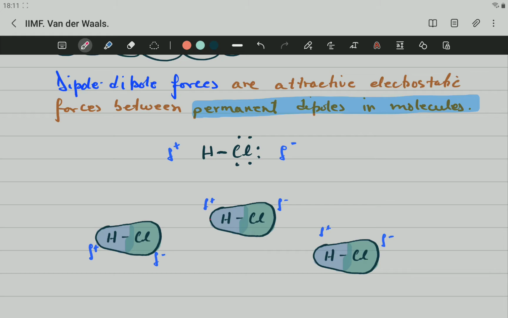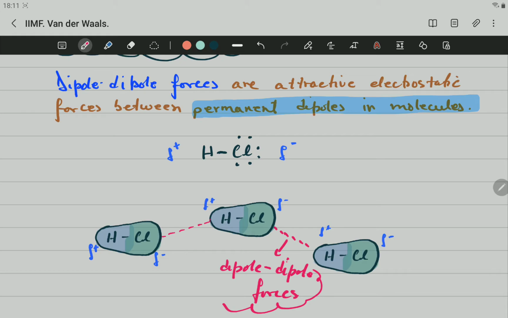Now, there are three molecules. What happens with these three molecules? The positive side of one molecule will be attracted by the negative side of the other. In this case, the negative side of the first molecule will be attracted by the positive side of the second molecule, and the same will happen with the other molecules. This here is what we call the dipole forces.